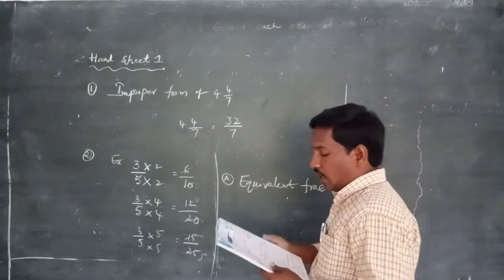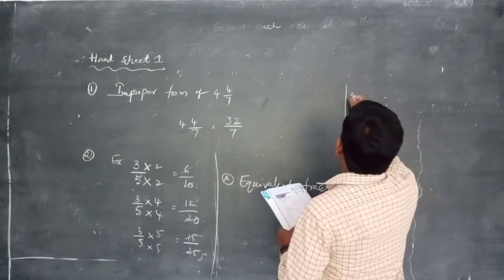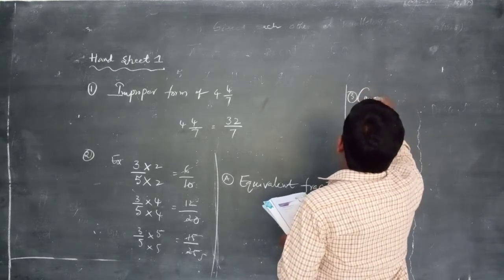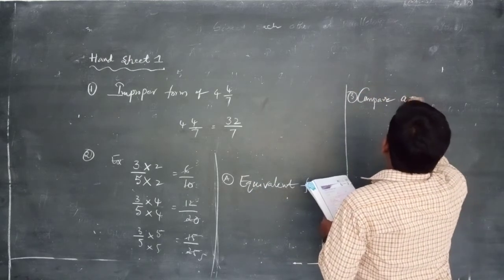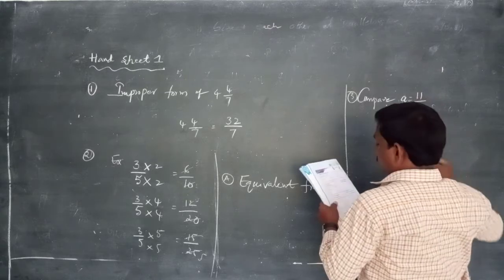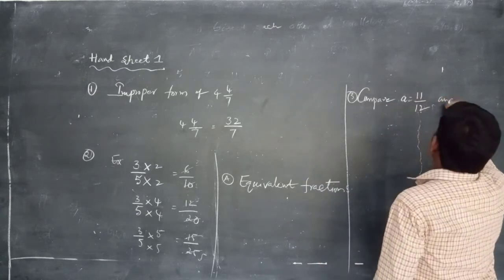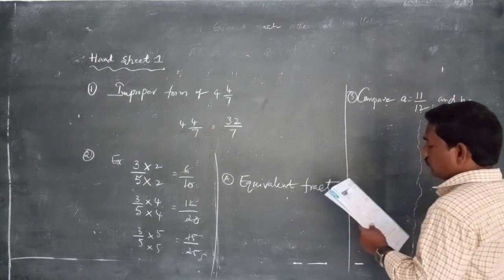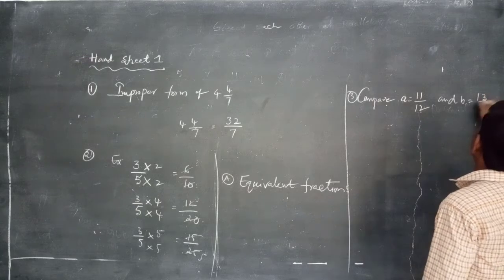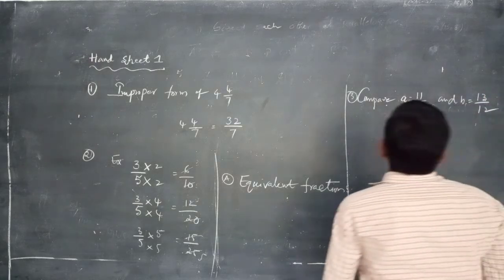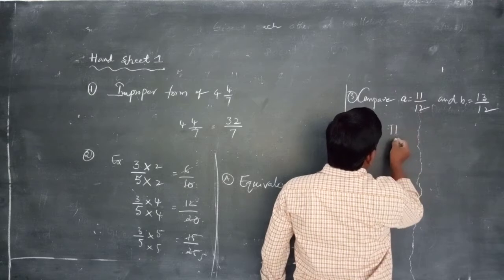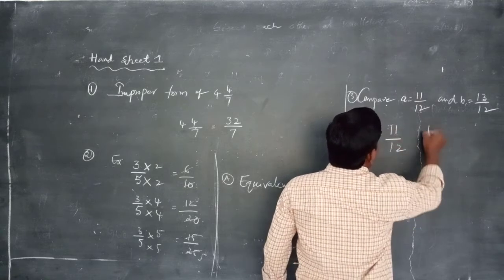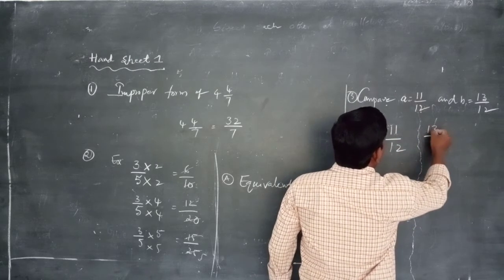Now the third one, compare A equal to 11 by 12 and B equal to 13 by 12. You can simply tell: 11 by 12, 13 by 12.